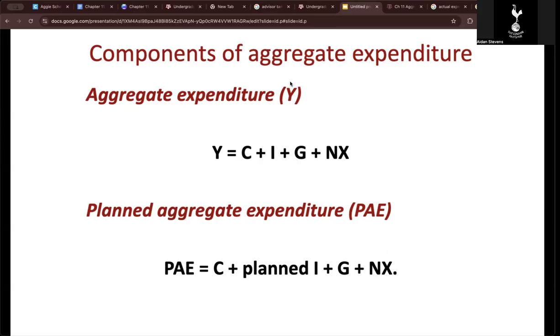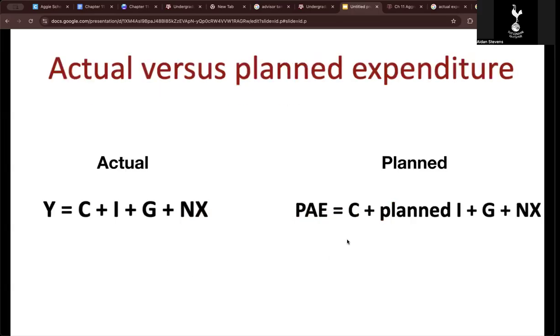The main difference between the two, as you can see, is that aggregate expenditure covers investment, while planned aggregate expenditure covers planned investment. Once again, these are the differences between actual and planned.